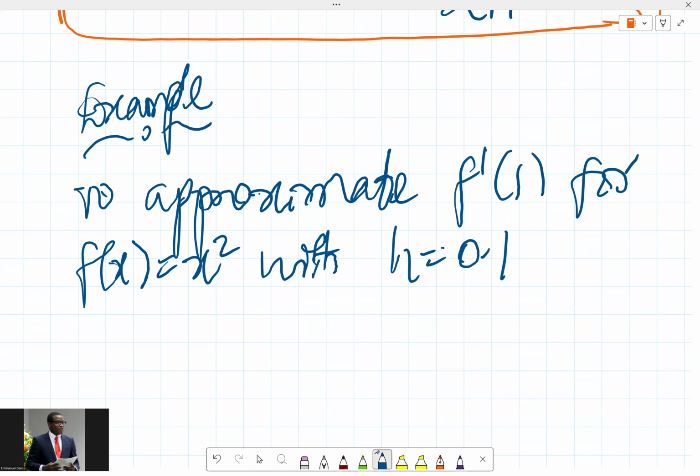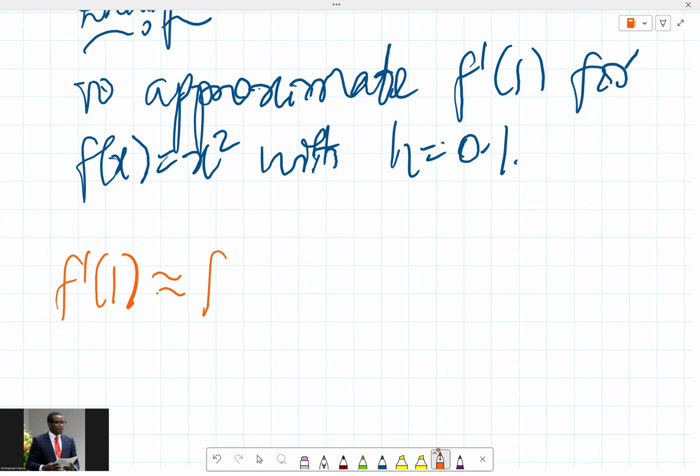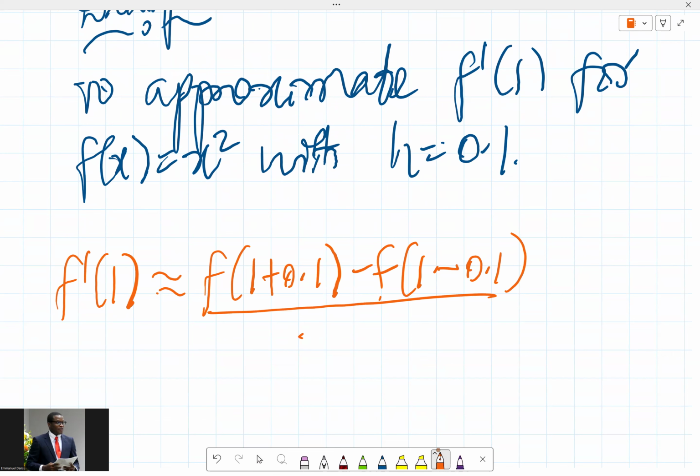So with this now, we can just go straight since we've been doing this a lot. We have f prime of 1 is approximately f of 1 plus 0.1 minus f of 1 minus 0.1, divided by 2 times 0.1.